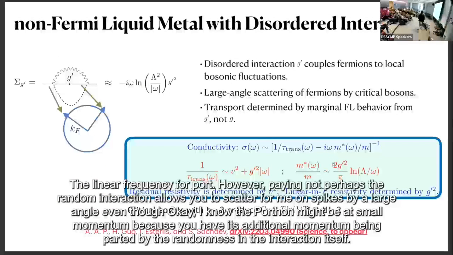However, the one that has the random interaction allows you to scatter fermions by a large angle, even though the boson might be at small momentum, because you have this additional momentum being imparted by the randomness in the interaction itself.